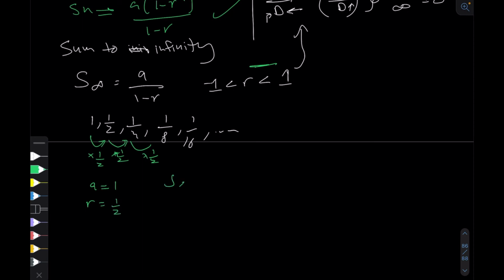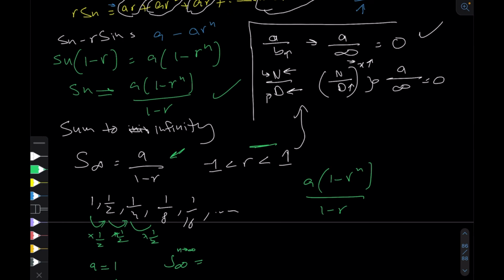And what if I ask you to find the sum to infinity? Now the formula for sum to infinity is a bit different than the normal one, but it's actually the same, because when I write it like this, a times 1 minus r to the power n over 1 minus r, the sum to infinity is basically the sum when the nth term is approaching infinity, right? When the nth term is becoming larger and larger.